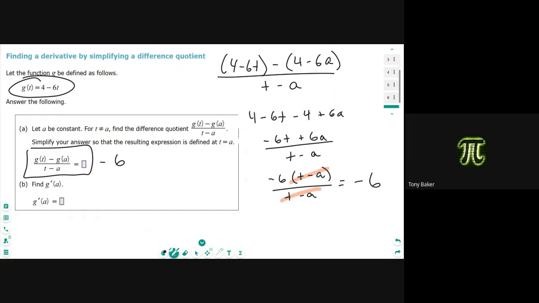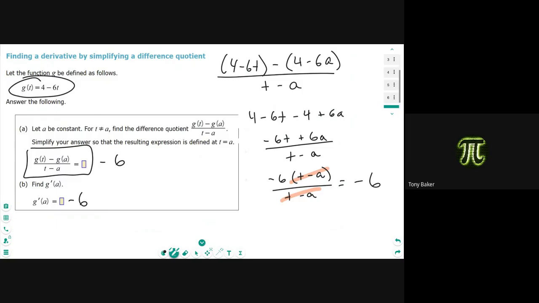So, okay, what's G of A? What's the derivative of G of A? There's no letters to plug in. It's -6. Okay. So here's the $1,000,000 question.